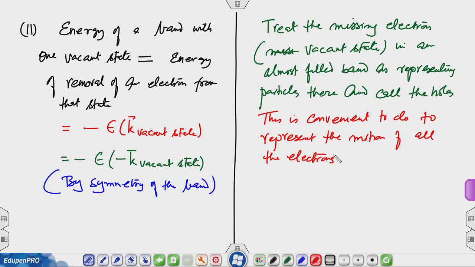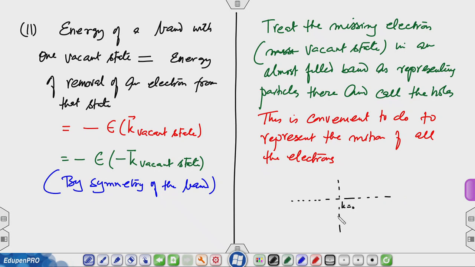However, the two are absolutely equivalent. By these holes what I am representing is the motion of all these other electrons collectively. It is easier to see, it is easier to work with, and it explains things correctly, and we will establish that equivalence.